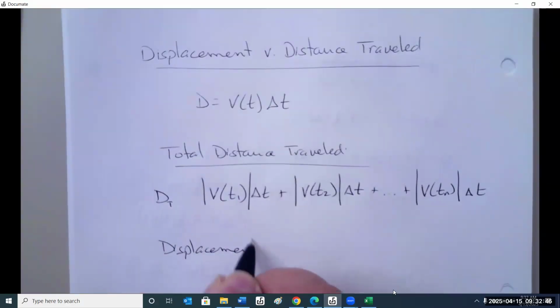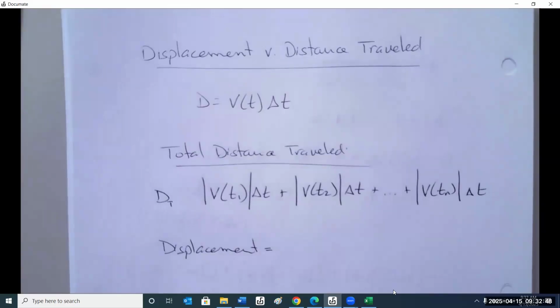Displacement is the difference between the original and final position.